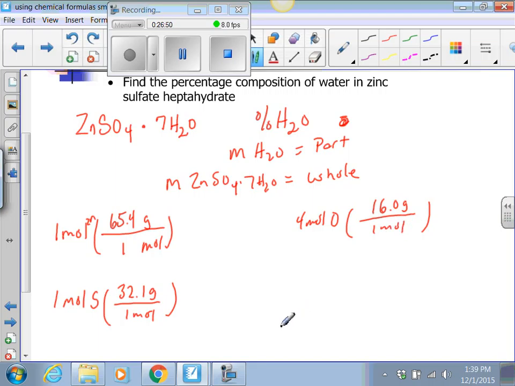And then water. We don't have to do hydrogen and oxygen separately. If we wanted to know the percentage of hydrogen there, then we would have to do hydrogen separately. But we're interested in water, so we can really just say 7 times water's mass. But here, in reality, since we're getting the total mass, it's probably going to be easier to say the number of moles of hydrogen and the number of moles of oxygen. So I'll reverse statement on that. How many moles of hydrogen do we have? 14 moles of hydrogen.